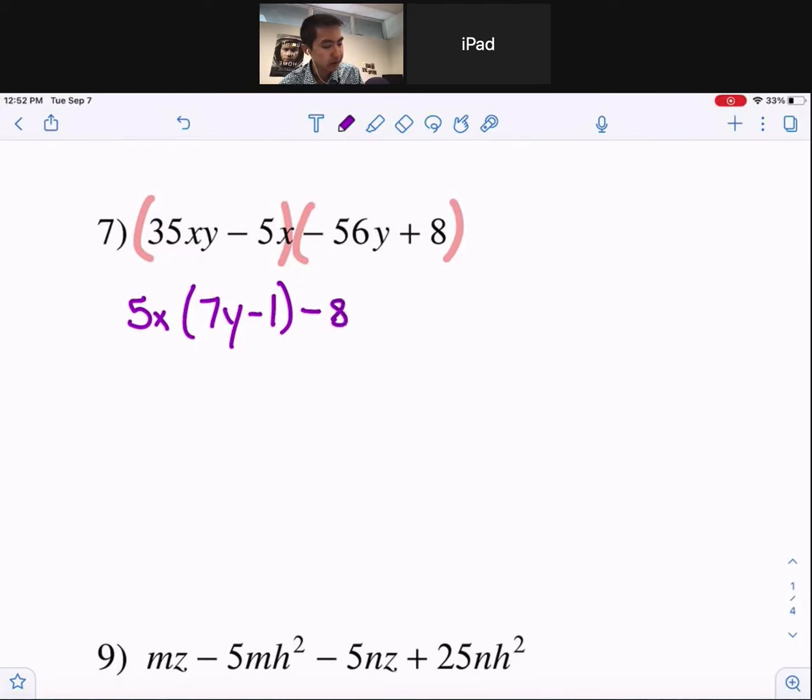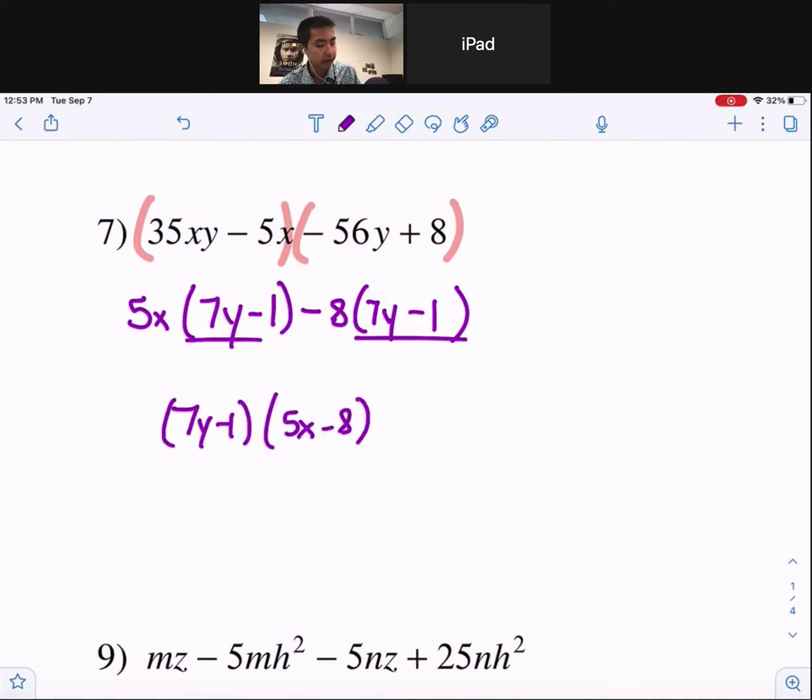So I'm going to factor out negative 8 from both of them. Negative 56 divided by negative 8 is a positive 7. Drop the y. 8 divided by negative 8, you guys, is minus 1. And if you look, they both match. So 7y minus 1 times the leftovers, 5x minus 8.